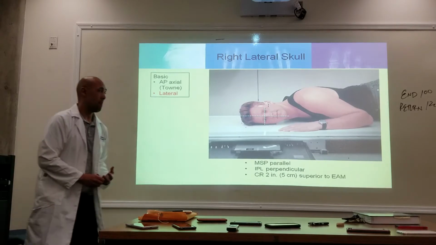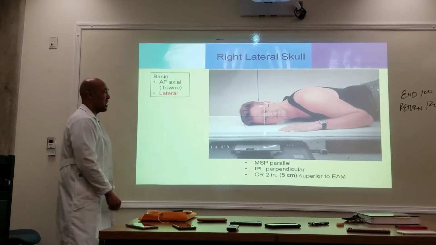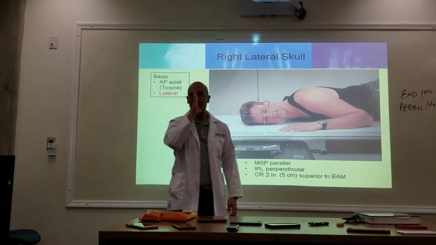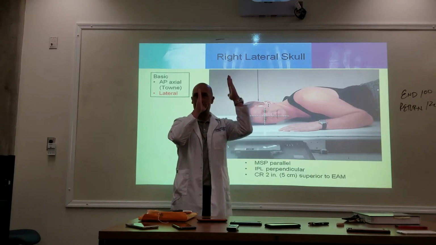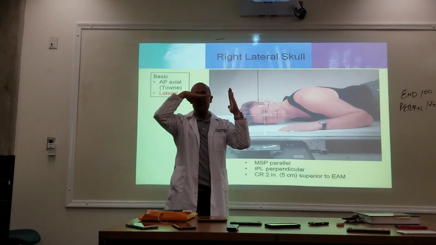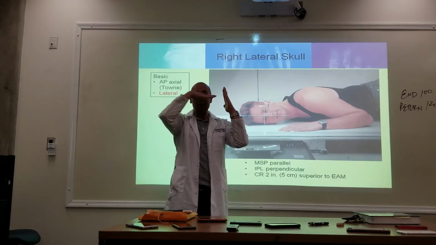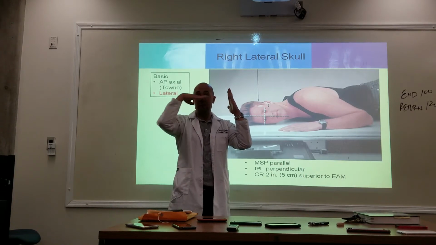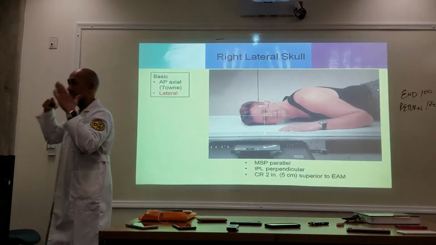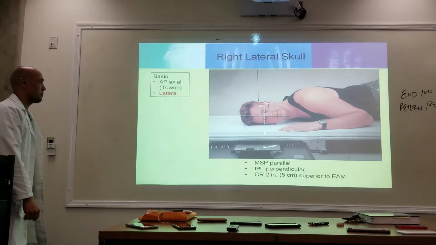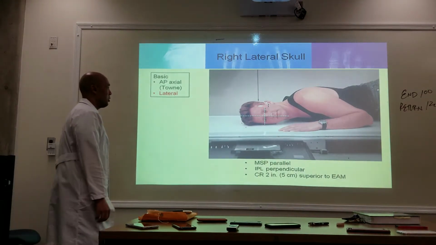Okay. All right. So here we have the mid-sagittal plane. This mid-sagittal plane needs to be parallel with your image receptor. Your interpupillary line needs to be perpendicular with the image receptor. Central ray.